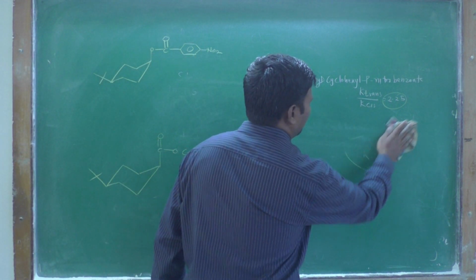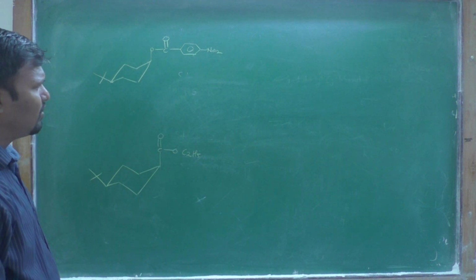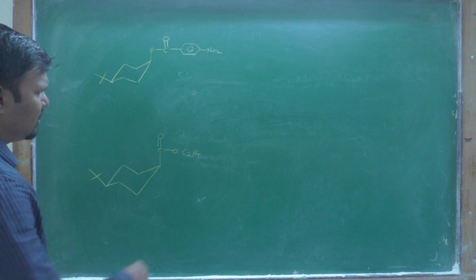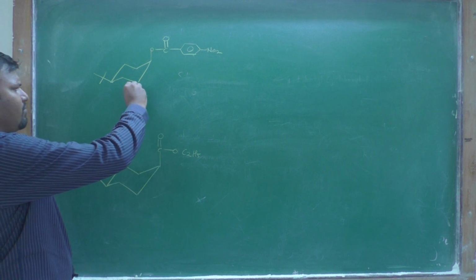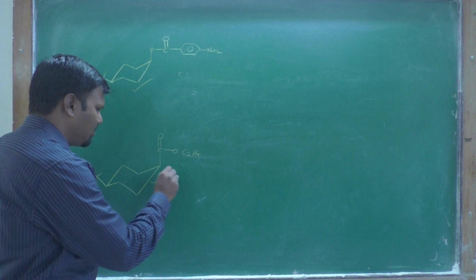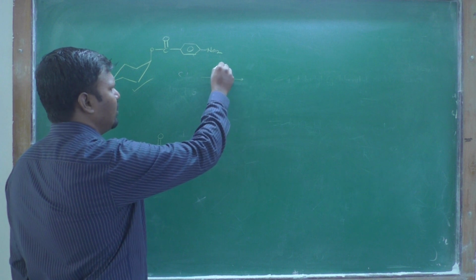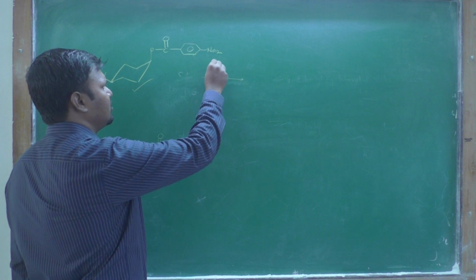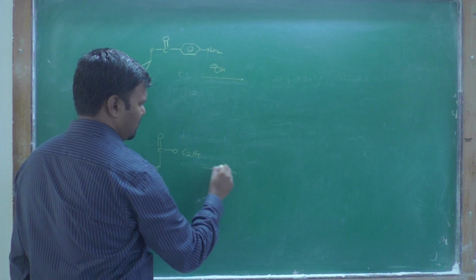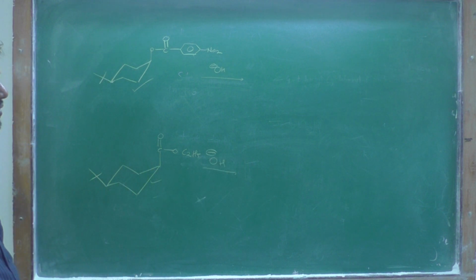When we do saponification of the first compound, and saponification of the second compound, saponification means you add the OH minus to this compound in the presence of a base.